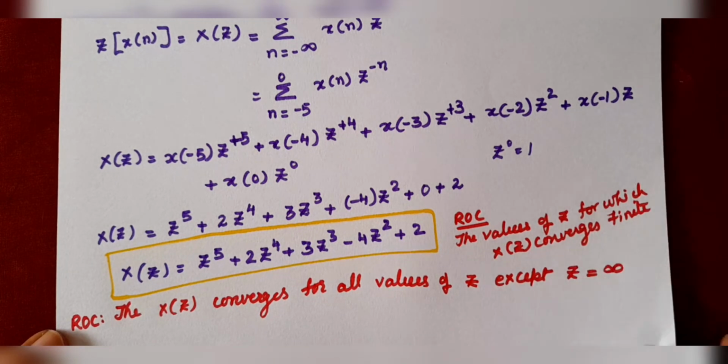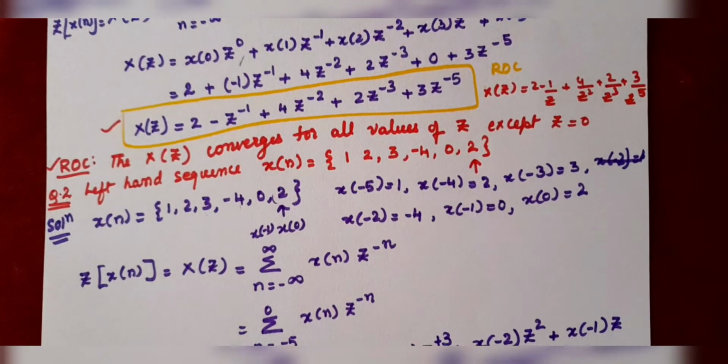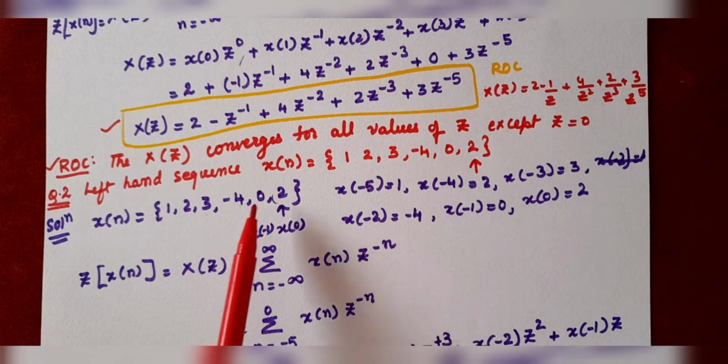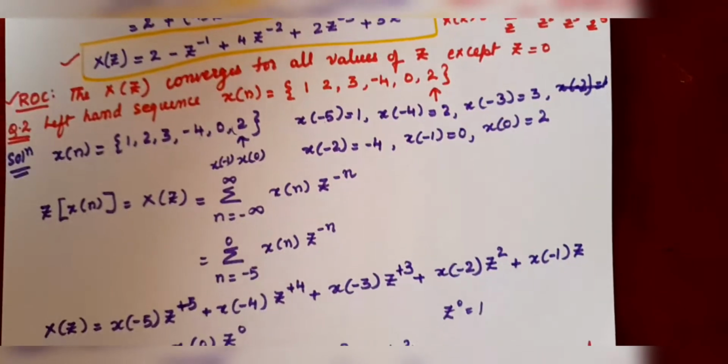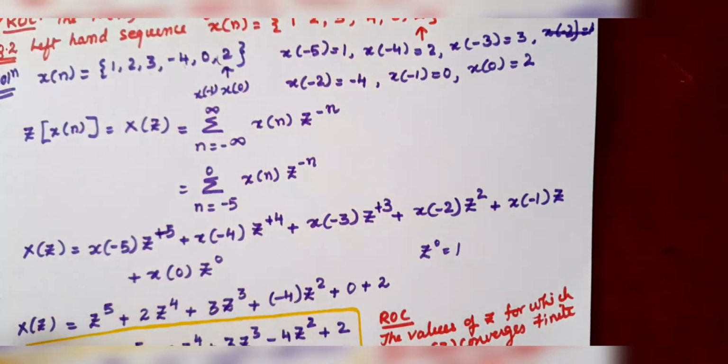Okay. So if you carefully observe, for a left hand sequence your X of z will have positive powers of z. Okay. Now coming to the third question.